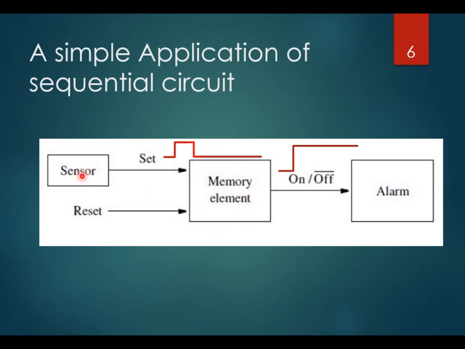When the sensor sends a vibration, even a short one, this signal showing the vibration will be stored by the memory elements and turn on the alarm as long as it is needed. In other words, if the vibration creates a short pulse, it doesn't mean the alarm will be turned on for a short while, thanks to the memory element that stores the on state of the vibration to turn on the alarm until somebody comes and resets the alarm.